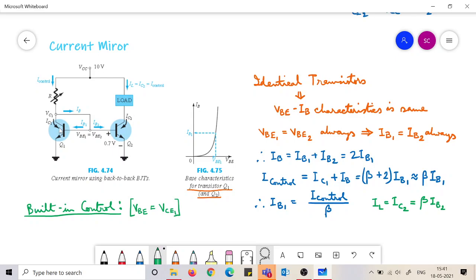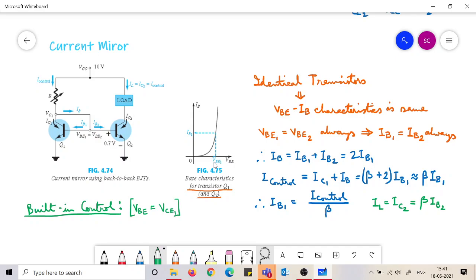Now these two transistors are identical, so they employ the same input characteristics. From the input characteristics, for a particular VBE, the IB becomes fixed. So the IB for both the transistors is also same, because the VBE is same for both.